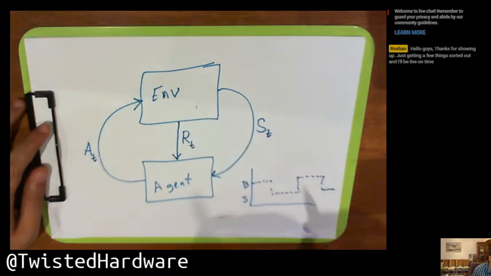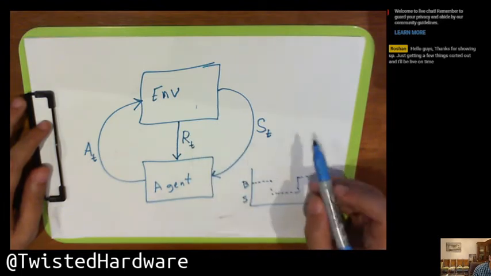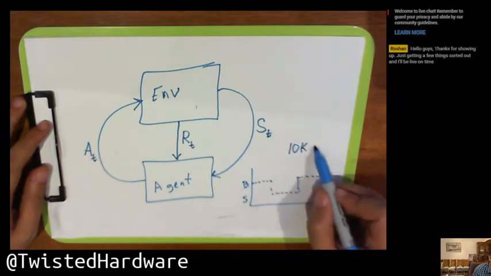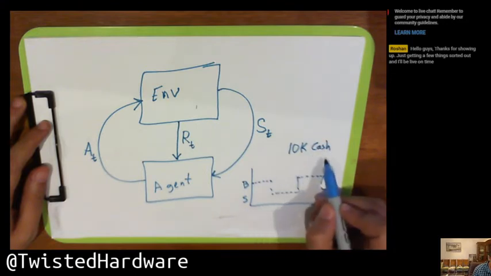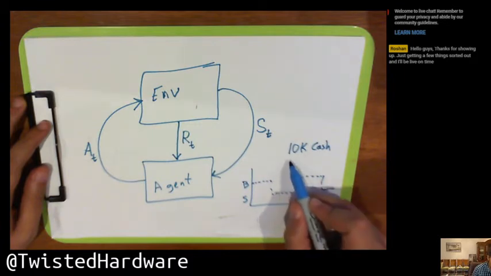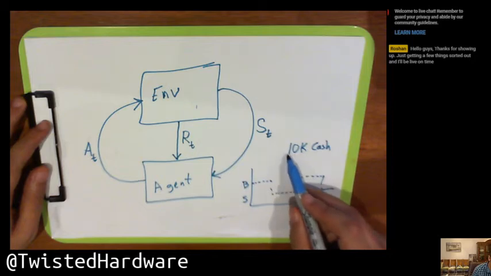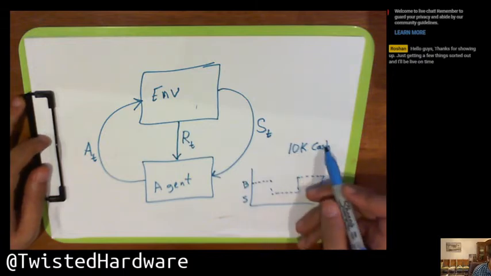So this reward is very interesting. So we start with some number. Let's say we start with 10,000 in cash. Okay, so in our simulation we're starting with 10,000 cash. Over time, when we buy stocks, maybe we cannot buy stocks for all of that because the stock price is like maybe $200.